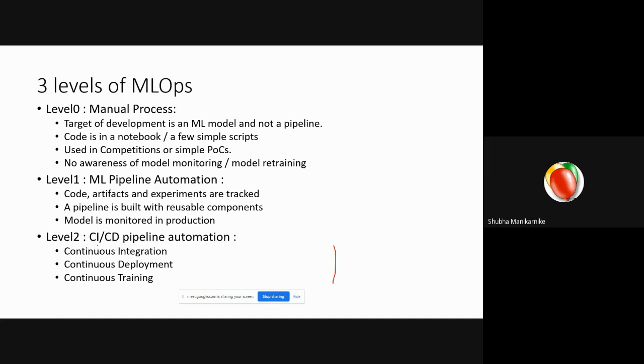But in the second level, maybe you have a small team of data scientists and you need to collaborate. So in this case, what happens is all of your code artifacts and experiments, all of these things are tracked, and you try to build a reusable pipeline so that you are trying to do several experiments on the same data or different types of feature engineering or exploratory data analysis.